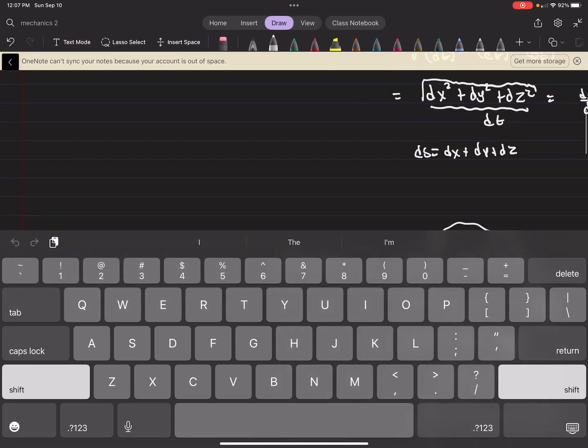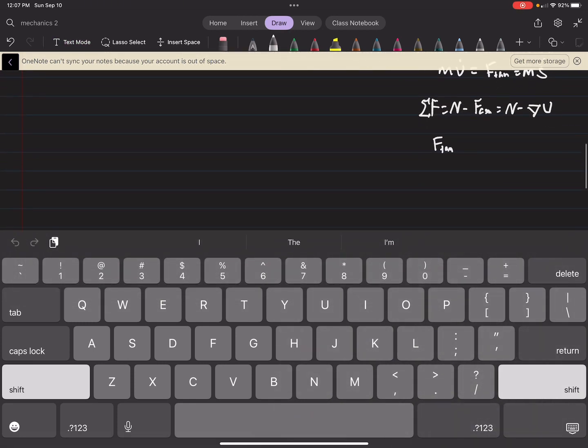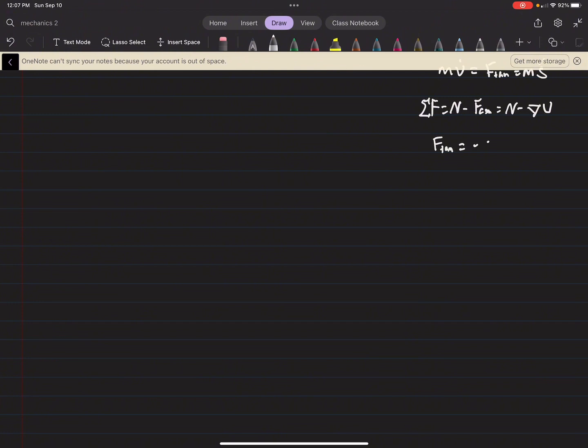So when we're looking at F tangent, we don't need to worry about the normal. It's just minus grad U. The gradient tells us to take our spatial derivatives, but our spatial derivative here is ds. So then F tan is minus dU/ds.